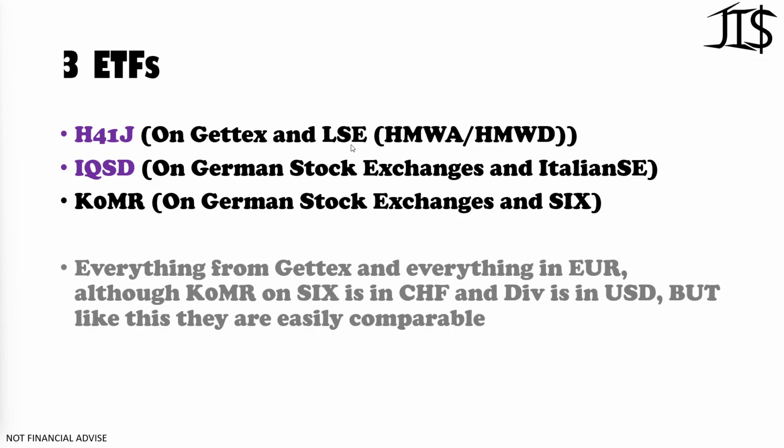So on the London Stock Exchange, the H41J is also available in pounds and even in dollar, but the K0MR is available in Swiss francs on the SIX stock exchange, and the dividend is distributed in US dollar. But by doing everything in euro, I think they are more easily comparable compared to each other.